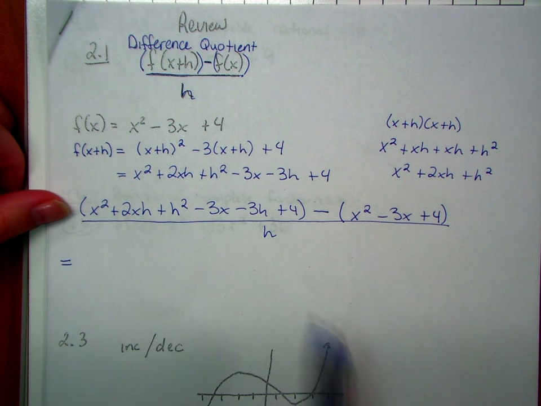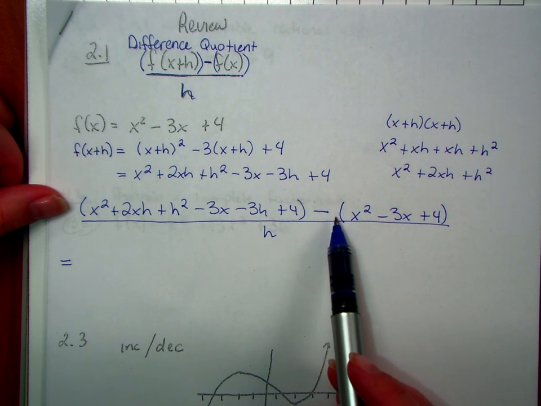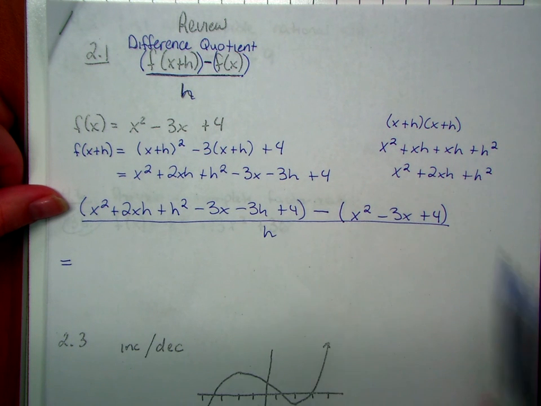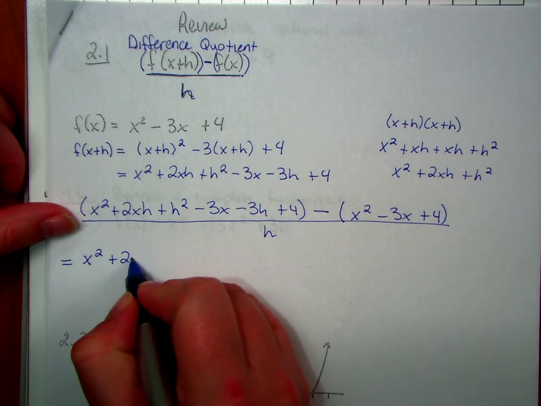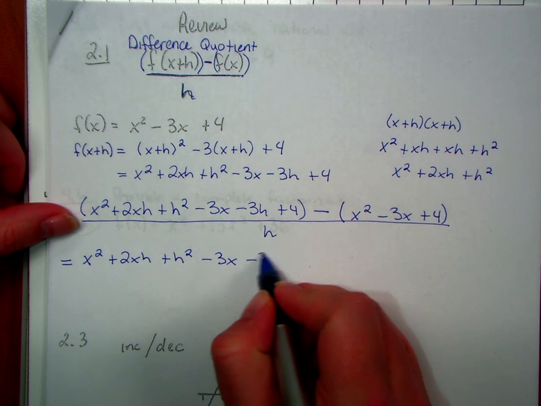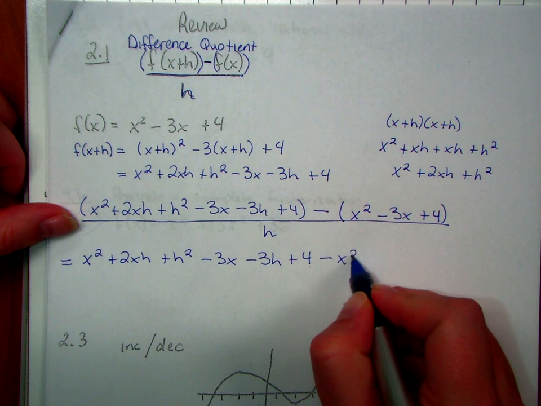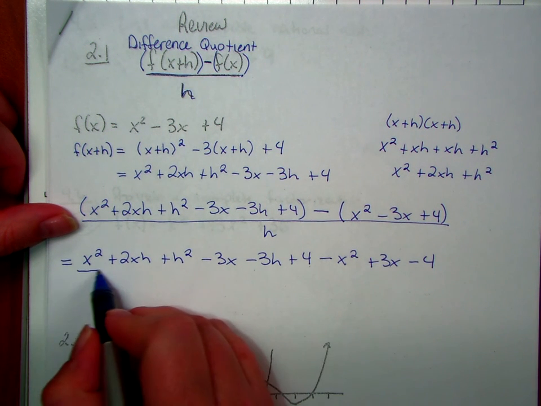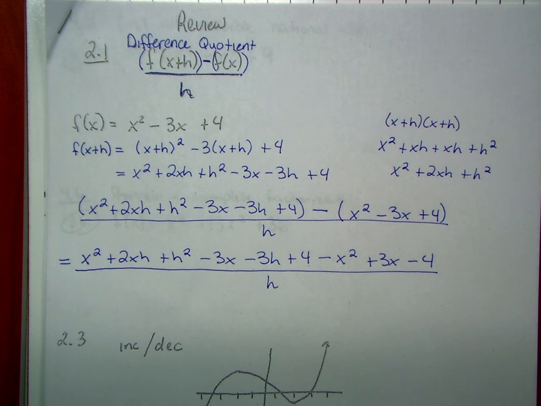So I'm going to simplify first by dropping the first set of parentheses and distributing the negative throughout the second set of parentheses and drop those parentheses as well. So we're going to get x squared plus 2xh plus h squared minus 3x minus 3h plus 4 minus x squared plus 3x minus 4, and then that is all over h.